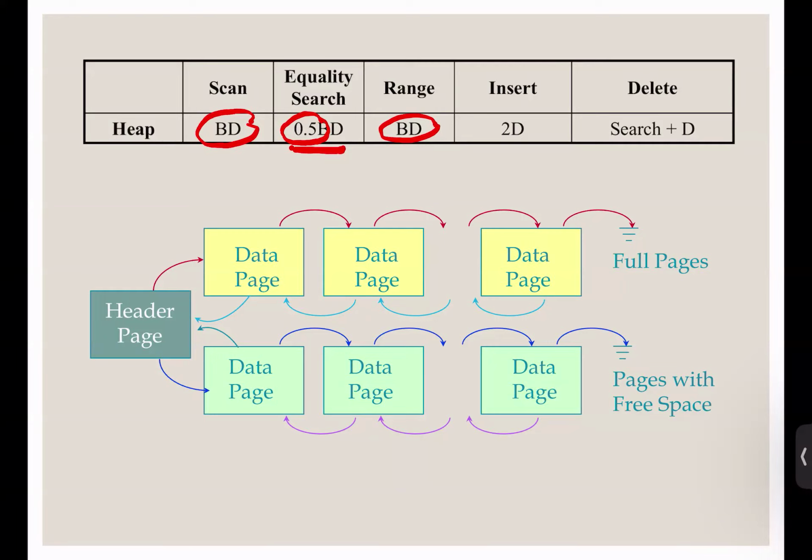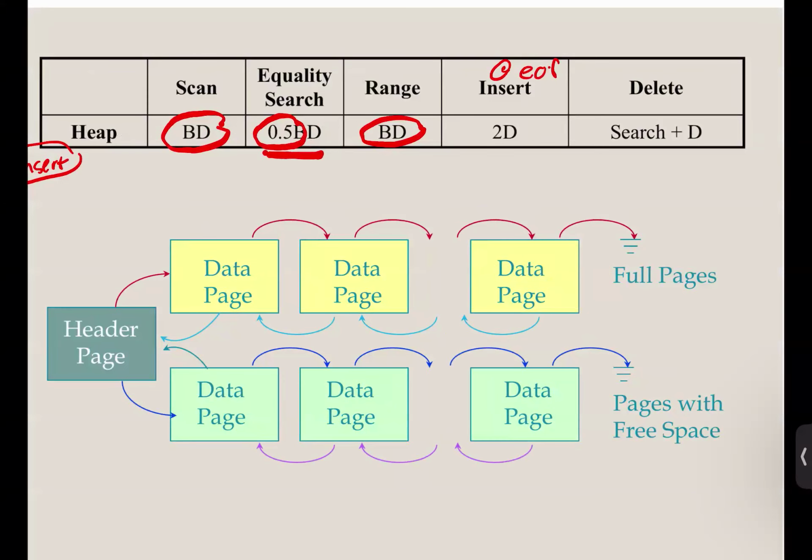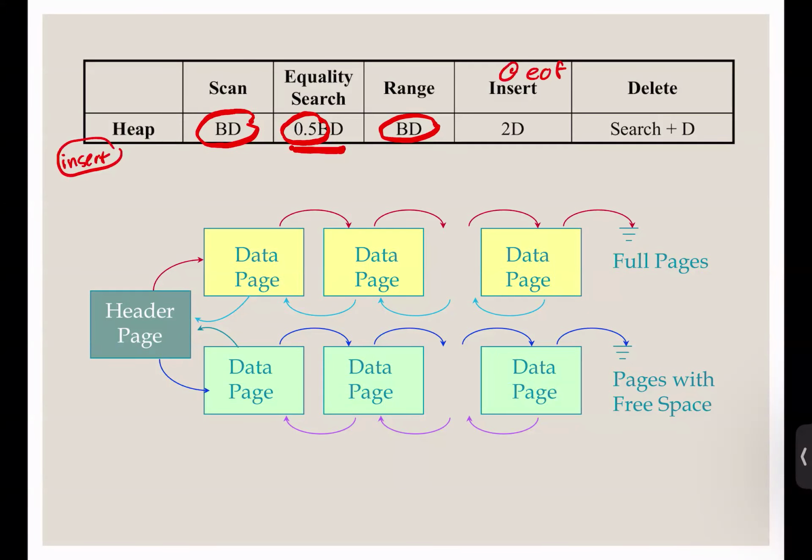Okay, now for insertion. What do we have to do to insert? Well, everything is in unsorted order, and we insert at EOF, at the end of file. So the OS can bring the last page that has free space for you to put the record in.